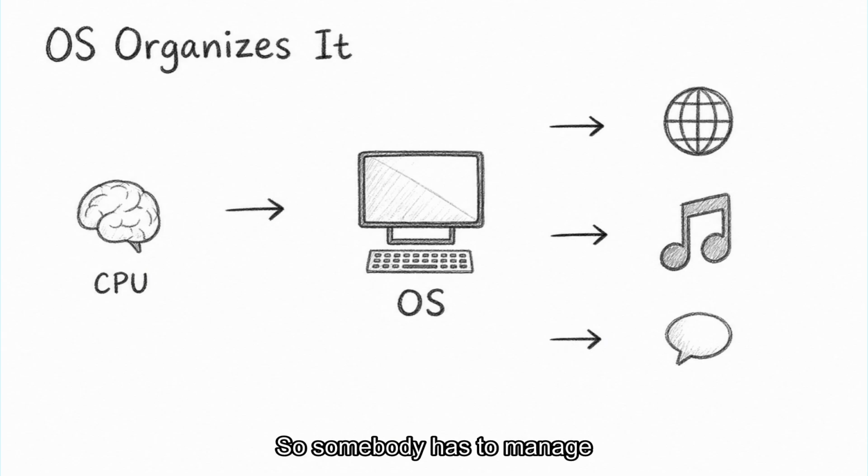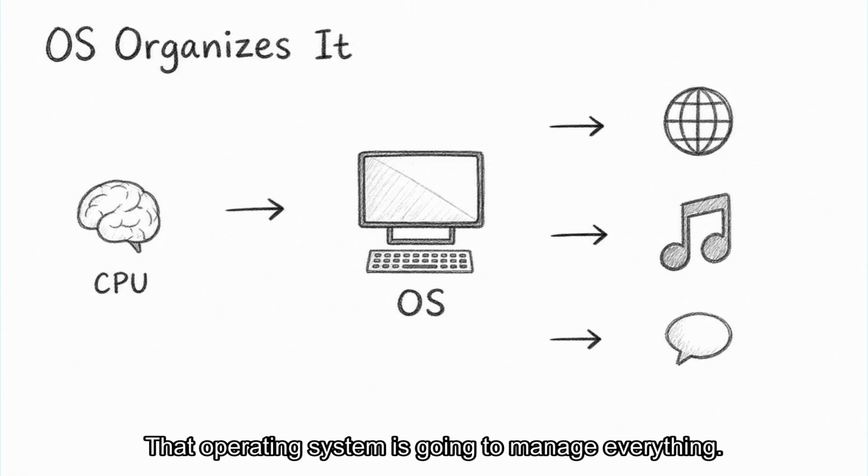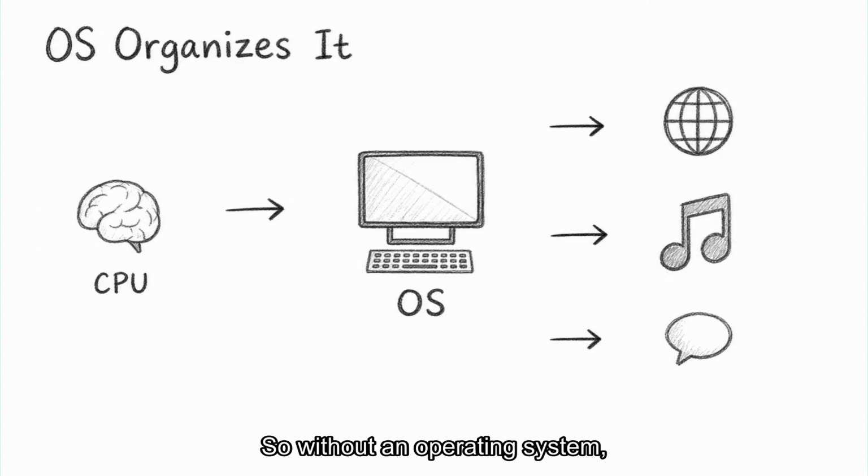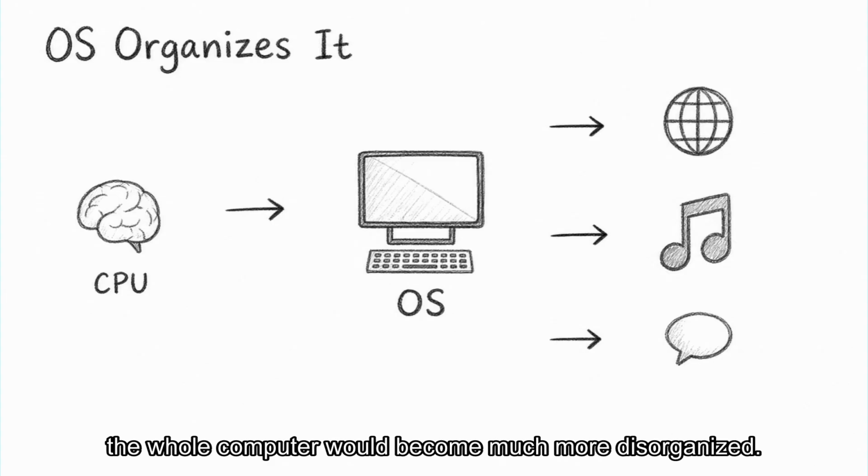So somebody has to manage who gets CPU time, who needs to wait, who uses memory, who reads some data from disk, and who sends data over the network. The operating system manages everything. Without an operating system, the whole computer would become much more disorganized.